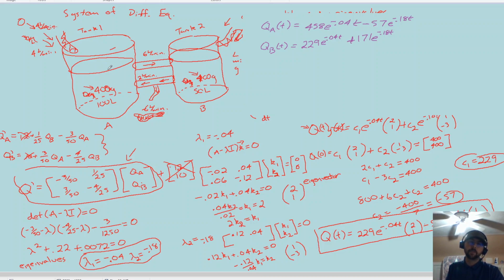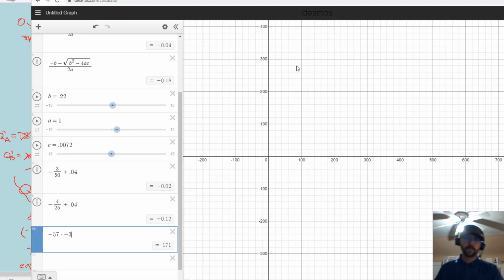The salt flushes back and forth between the tanks at a certain rate, and also flushes out from tank B down to the floor at a certain rate. So we'll be able to see when we graph this the salt in each tank decaying over time. If I did it correctly, it should eventually go to 0, but I might have made a mistake somewhere because there was a lot of calculating. So let's see what happens.